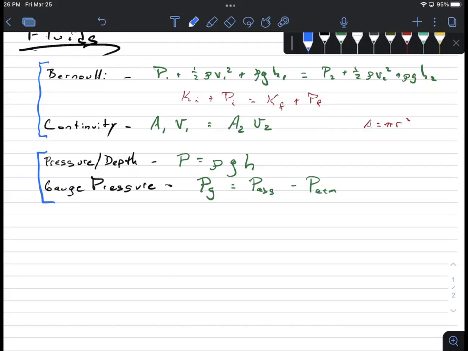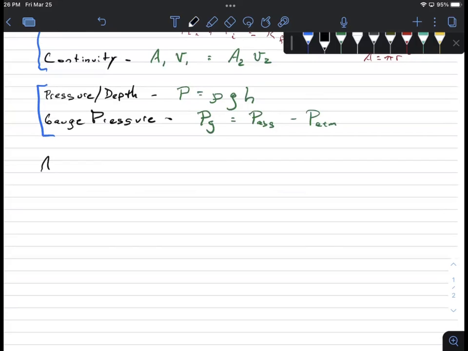And that constant, you don't have to memorize it, that would be on the test. However, if I don't say I want the total pressure or the absolute pressure, then all I want you to do is just give me the gauge pressure. Who cares about atmospheric pressure? So that's its own little subtopic there. How much pressure will an object feel due to the fact that it has gone underwater or inside of a fluid of some sort? Then we had Archimedes Principle.